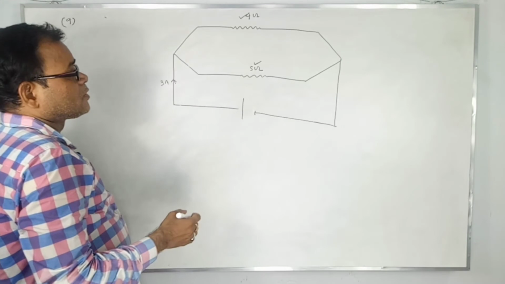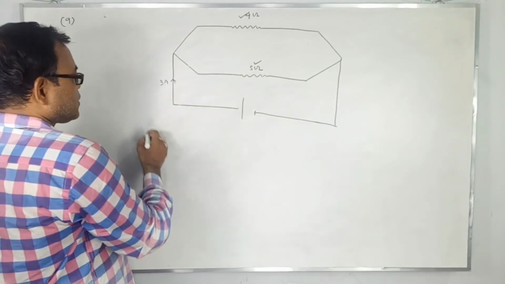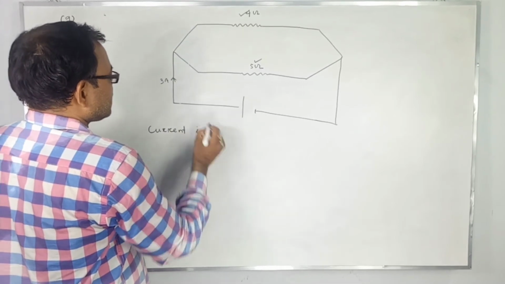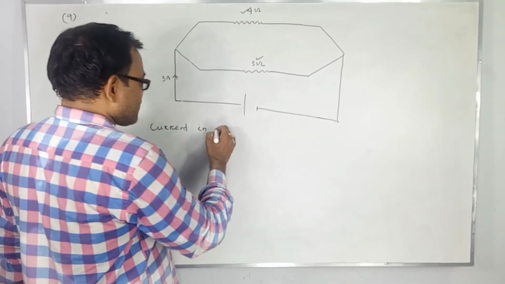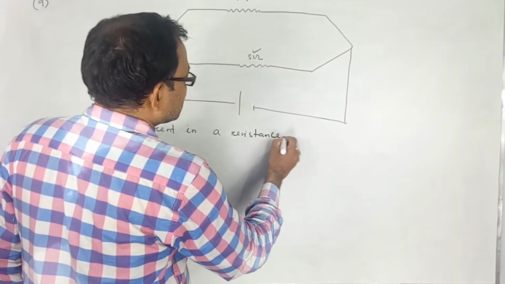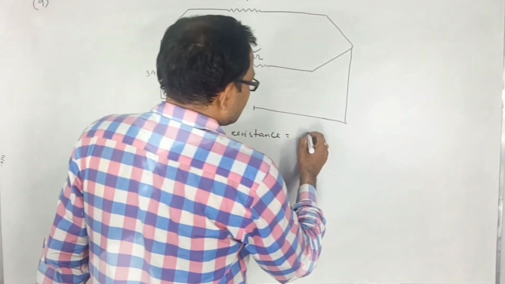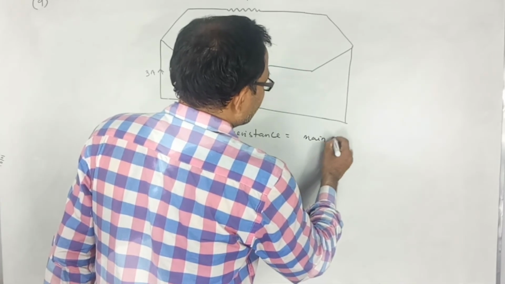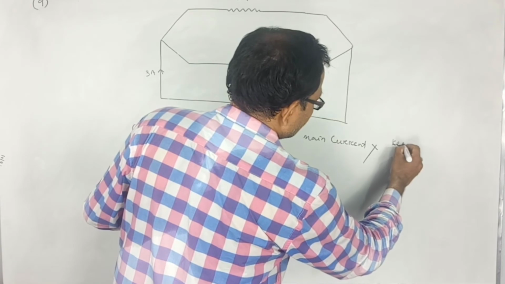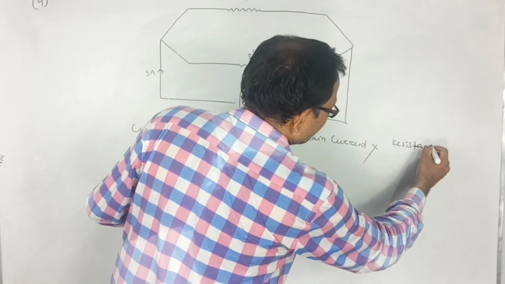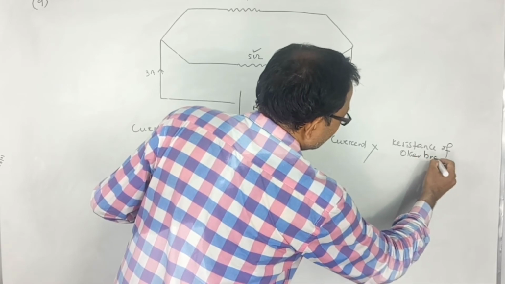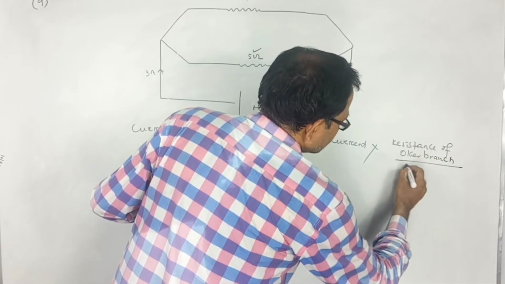In this question, what you have to do, we take the fundamental first: current in a resistance is equal to main current into resistance of other branch, divided by total resistance.